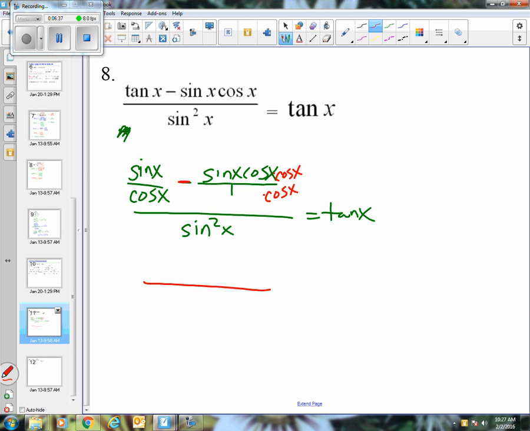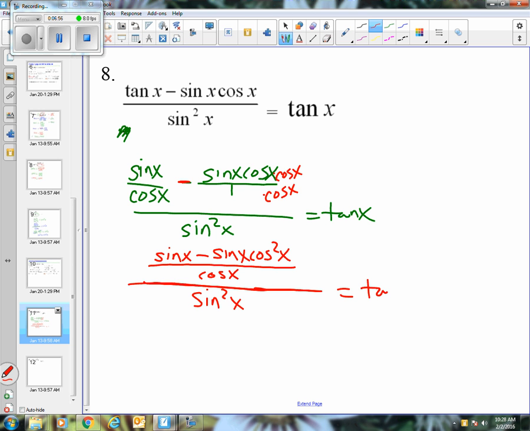So that's going to give me sine minus sine times cosine times cosine. That would be sine times cosine squared all over cosine of x. And then big fraction bar, and then we have our sine squared of x on the bottom, and that's equivalent still to tangent of x. So all I did was just get that common denominator.